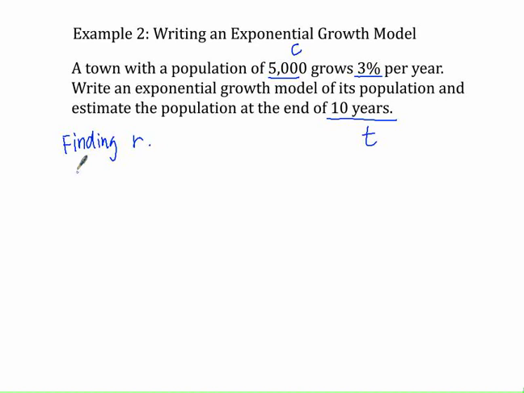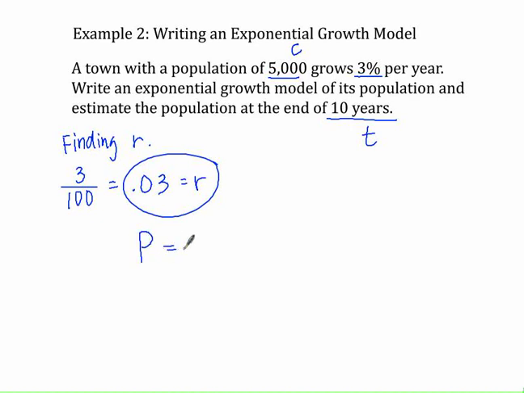So finding R: 3% divided by 100 gives me 0.03. If you notice, I just moved the decimal point 2 times to the left. 0.03 is my growth rate, so that is my R. So I'm going to set up my equation. Now I'm using P for population. The population is equal to my initial 5,000 times 1 plus the rate of 0.03, because it grows by 3%.